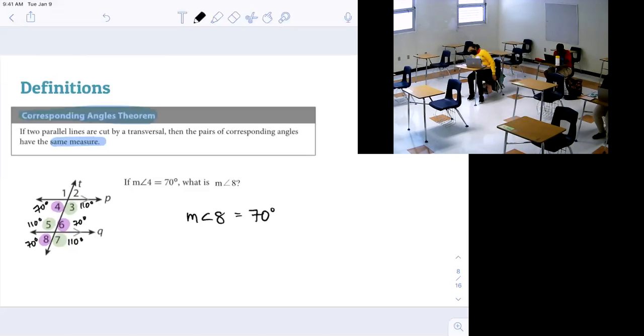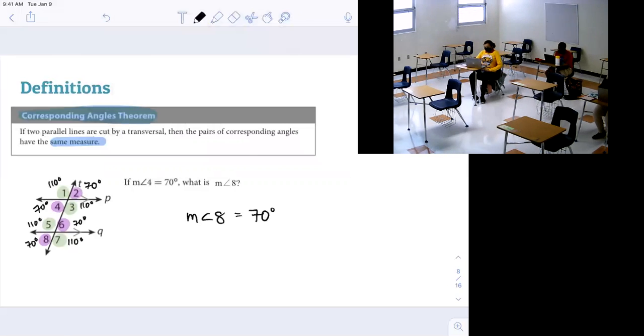What about angle 1? 70. Angle 1. 110. 110, because angle 1 is vertical to which angle? 3. And then angle 2 we know is 70. 70, because it's vertical to angle 4, exactly.